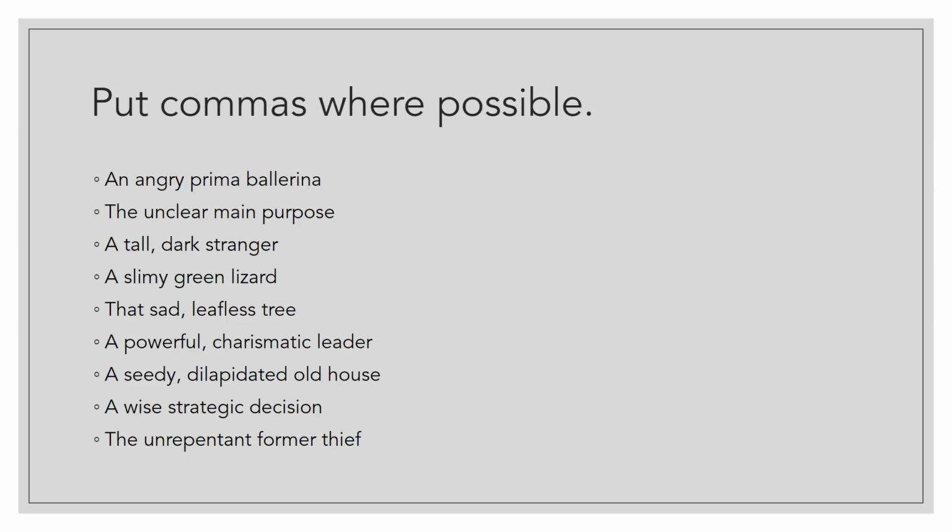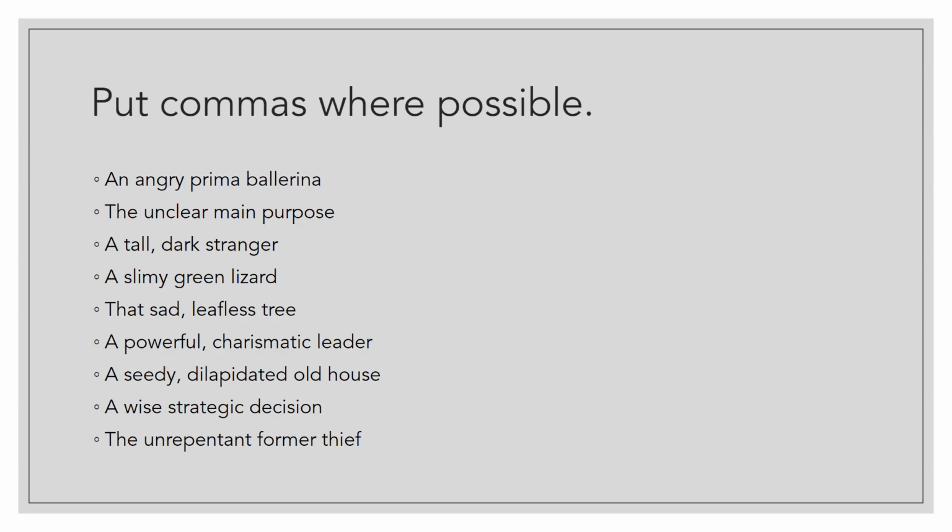Well, strategic seems like it's describing the nature, the kind of decision, whereas wise is giving us an opinion about that. It almost feels like the unclear main purpose, the wise strategic decision. We don't really feel like we need a comma there, right?